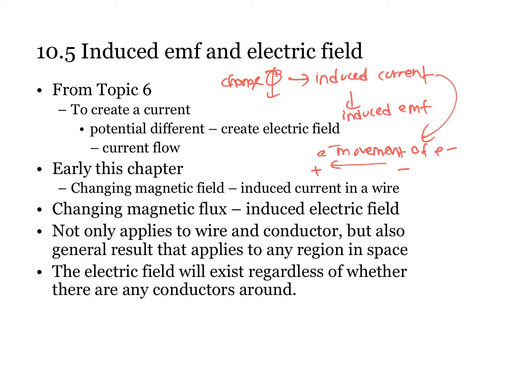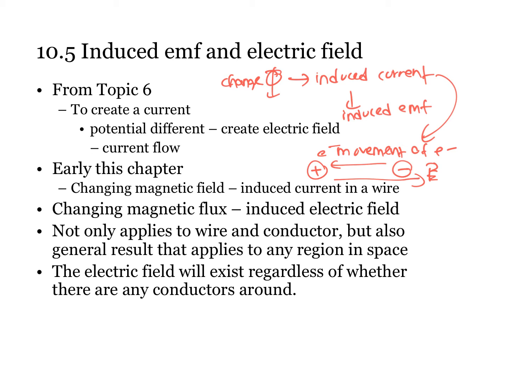Electrons are repelled by the negative here and attracted by the positive here. So the electric field is moving from positive to negative. That's the reason why, when electric current flows in the wire, there's an electric field in the wire that does work to move the electrons.